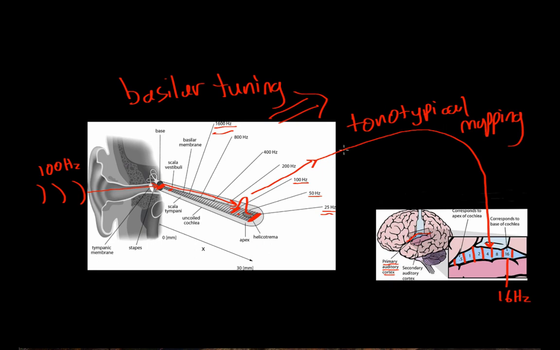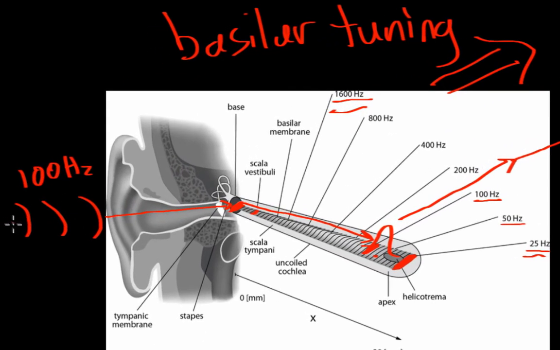And just to summarize, we have sound waves coming into the ear, and different sound waves have different frequencies. We need to be able to distinguish between the different frequencies. So the sound waves come in, they hit the cochlea, and they will activate hair cells in different parts of the cochlea. If it's a very high frequency sound, it'll activate a hair cell over here. If it's a very low frequency sound, it'll activate a hair cell over here.